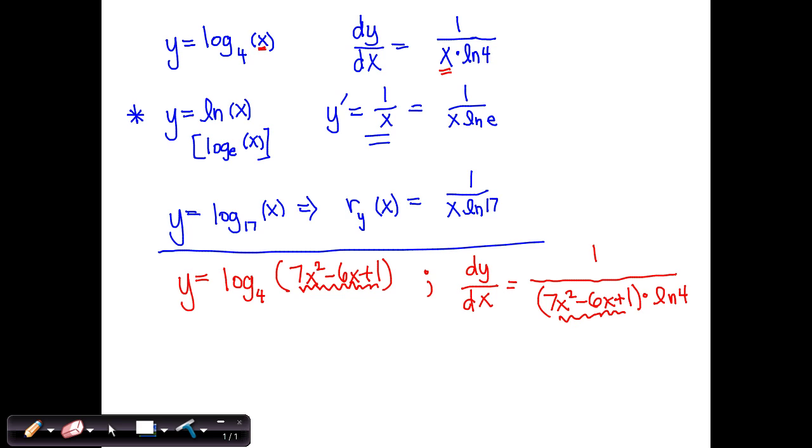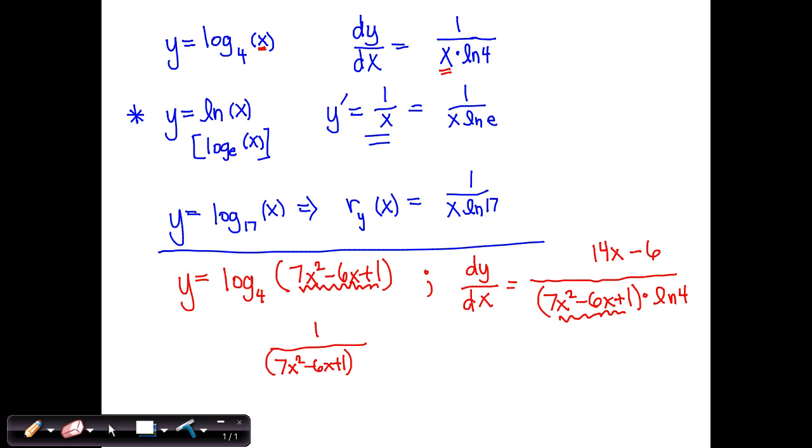Now, I could write this as times and then 14x minus 6 as a second factor out there. But what I'm going to do is write it into the fraction, which is typical for how you might see things simplified in answer keys. 14x minus 6. Besides the fact that I'm out of room, just the way that we multiply fractions, I'll write it down here. 1 over 7x squared minus 6x plus 1.